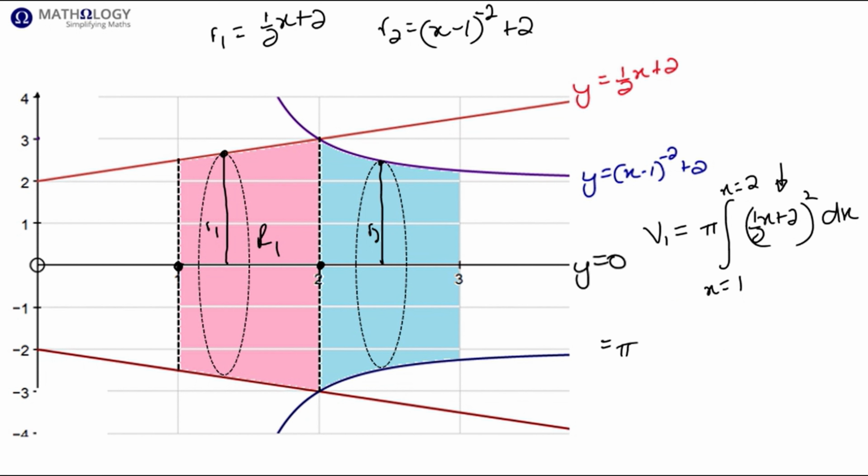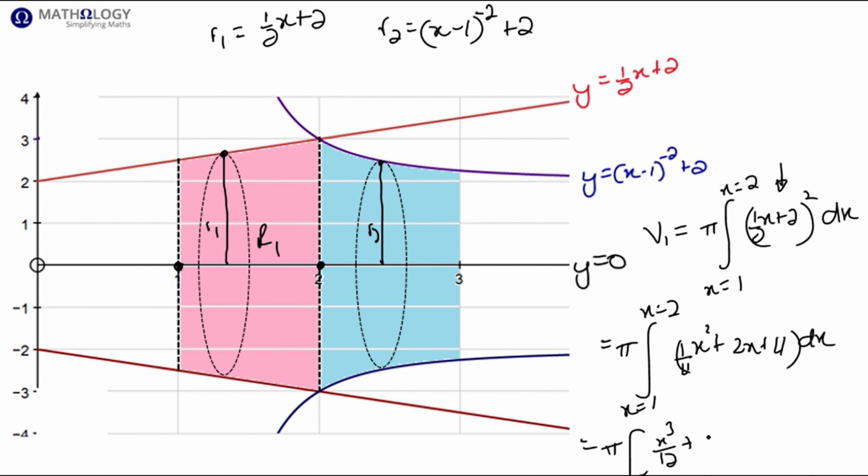So pi times the integral from x equals 1 to x equals 2, that will be a quarter x squared plus 2x plus 4, and the integral will be: the integral of a quarter x squared will be x cubed over 12.